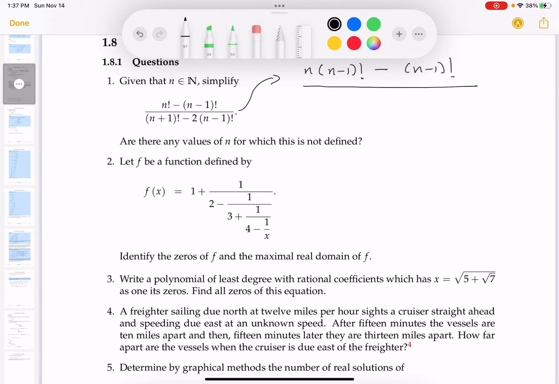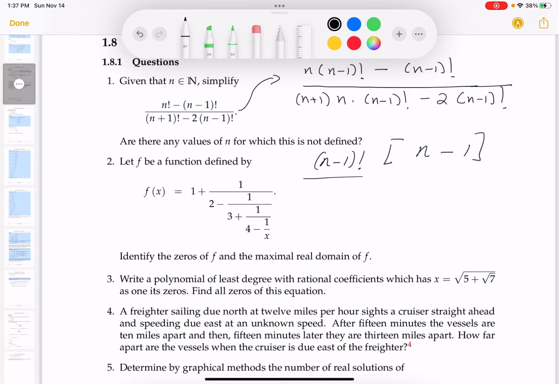And the bottom is going to be n plus 1 times n minus 1 factorial minus 2 n minus 1 factorial. Well, I'm going to factor out an n minus 1 factorial on top and on bottom. And on top, what do you get? N minus 1.